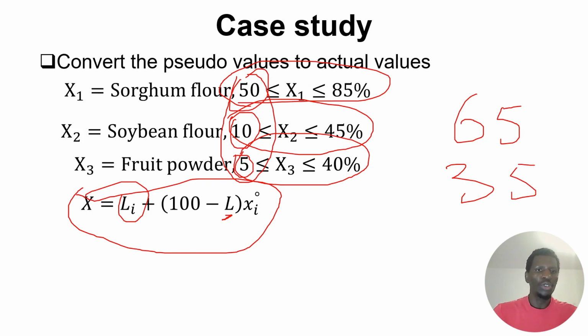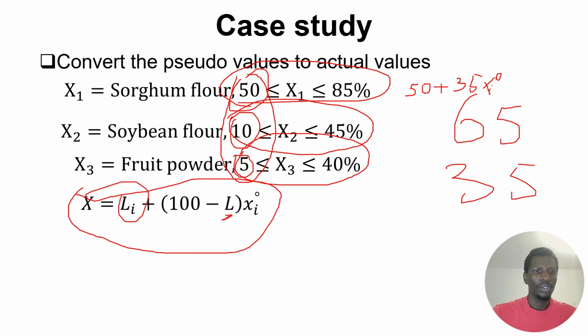So the equation to convert the pseudo values of sorghum to its actual values will be equal to L of i, which is 50, plus 100 minus L, which equals 35, times x of i, which is actually the pseudo values of sorghum. The equation will then be 50 plus 35 times x of i.